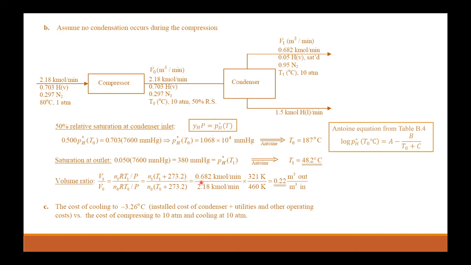We already know N1 and NO, and we have found T1 and TO, and that gives us a volume ratio of 0.22 meter cubic out per meter cubic in.